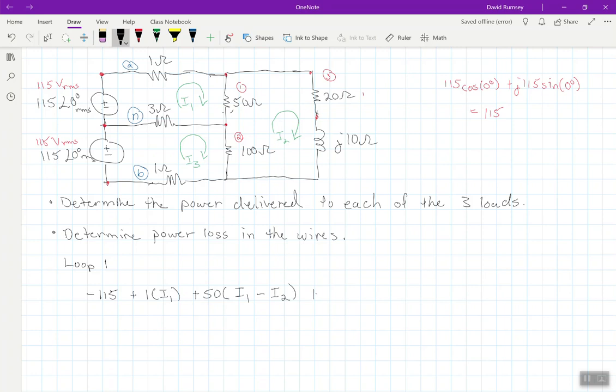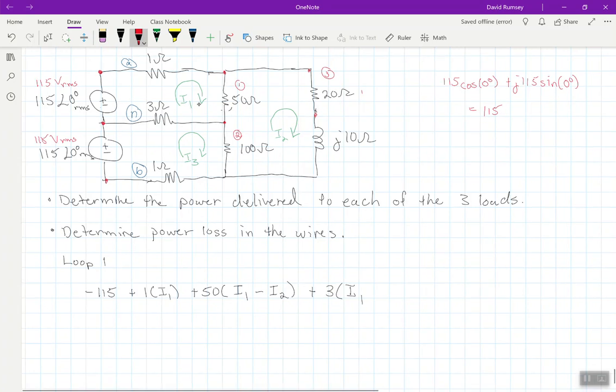And then we have plus 3, and I1 is always going to be positive because I'm in loop 1. But for I1 and I3, if I look at the resistor, they're going in opposite directions. You might say they're going in the same direction, since they're both going clockwise. But you want to look at the diagram: the arrow means I1 is flowing this way through the 3 ohm resistor, and if I follow the arrow, I3 is flowing in the opposite direction through the 3 ohm resistor.